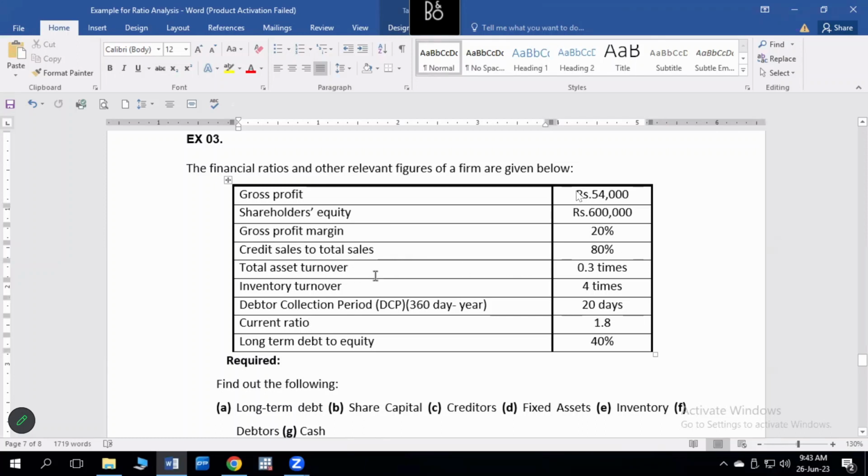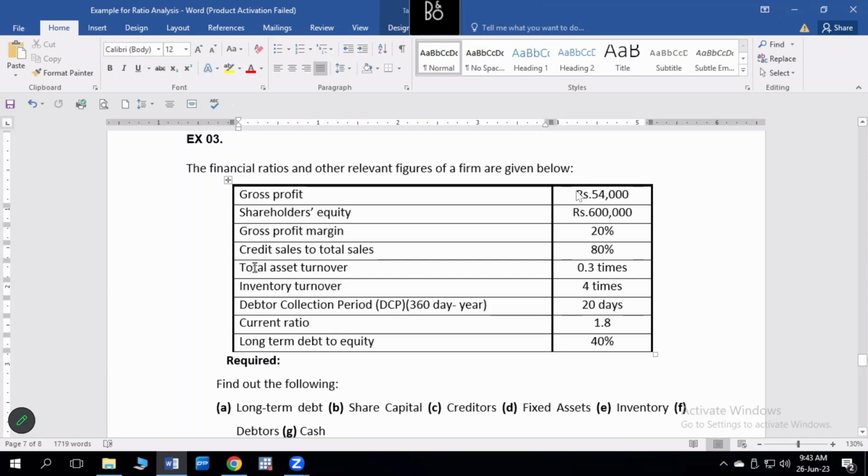Total assets are equal to total liabilities. One component of the liabilities is shareholders equity, and the long-term debt you have found. The balance would be the current liabilities. So this is a way of finding the current liability from the information given.